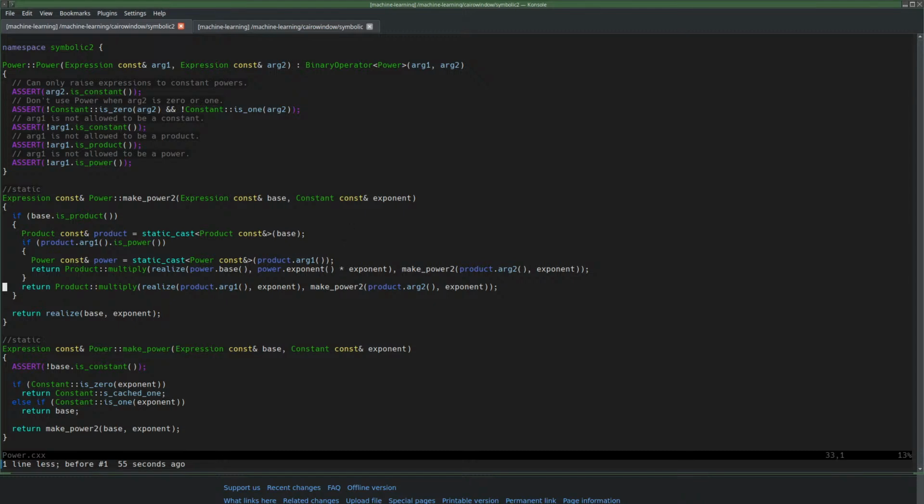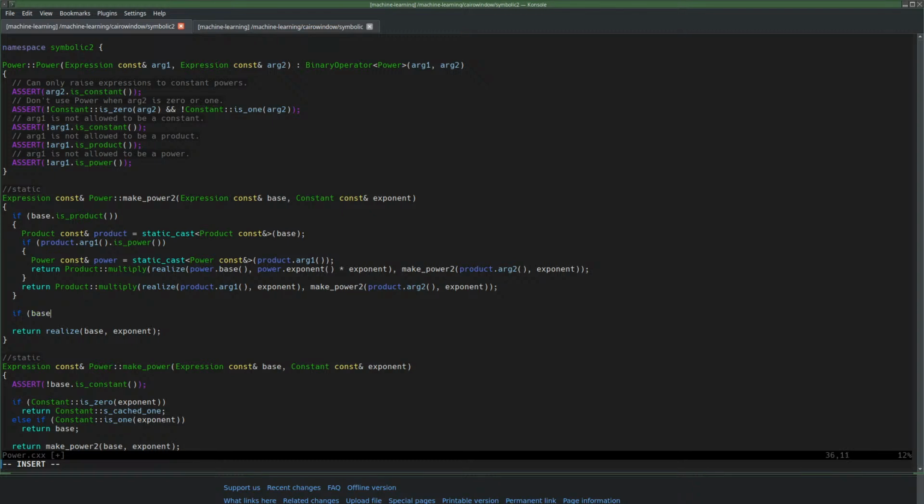I'll leave it like this, maybe. And I have the same problem here, do I not? Base could be a power. So you get the same misery.